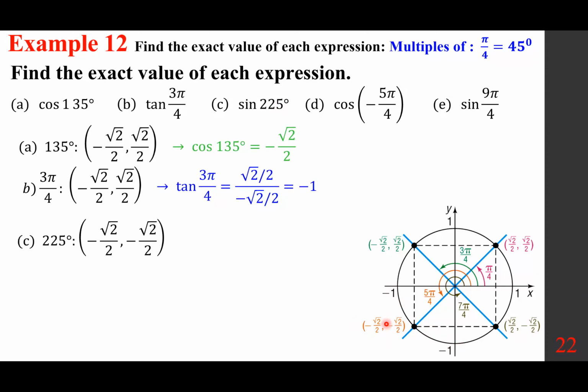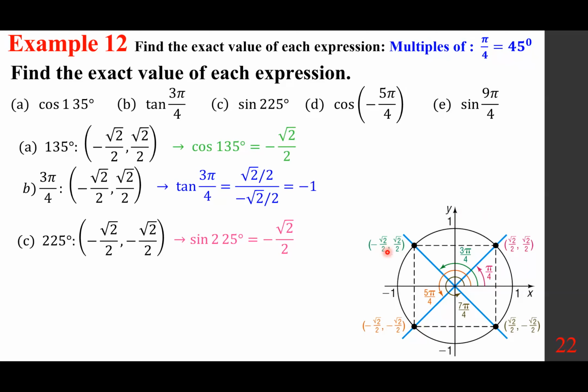And since we want sine of 225, it doesn't matter. Both of them are negative square root of 2 over 2. But sine is the y coordinate. Again, you can think of pi over 4 or 45 degrees, which is square root of 2 over 2 in the third quadrant. Okay, sine is negative. Sine is positive in the first and the second quadrant.